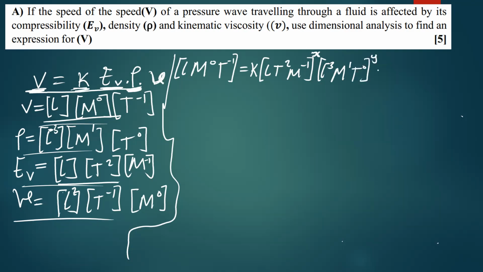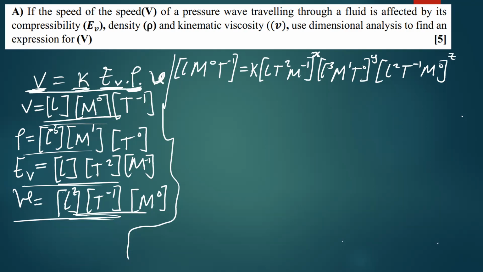Then I'll raise this to the power Y. Then the dimensions for kinematic viscosity are simply just L2, T -1, then M0. Then I'll raise this to the power Z. So we have that power Z. Then this is the formula that we have.